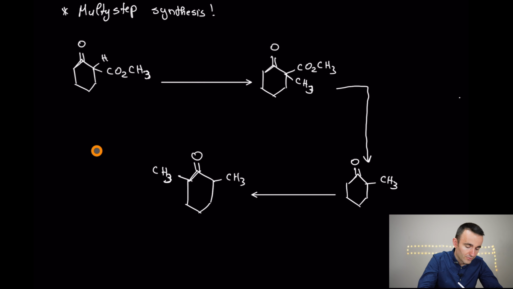Multi-step synthesis. So the first stage to form the enolate was sodium hydroxide, and the second stage add this CH3 iodine, for example, right? Now from here to go here, it is done decarboxylation. So how did we do that? H3O+ in heated conditions, hot conditions, right?